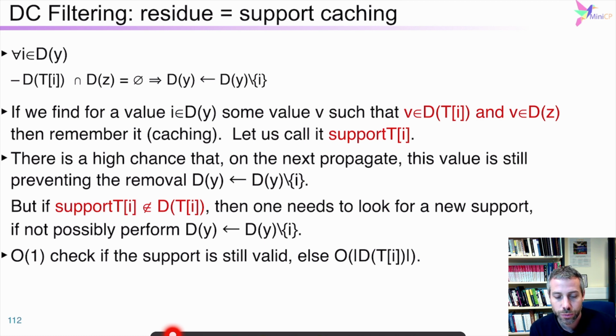And so in that case, we have no choice but to iterate over at least one of the two domains because they're implemented with sparse sets. And so we might be in the order of the size of the domain of Ti in that case. But if the support is still valid, then we can do that in constant time. So that's one way to speed up that filtering rule for the element constraint if you want to achieve domain consistency.